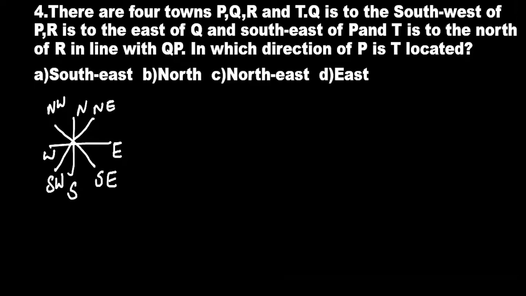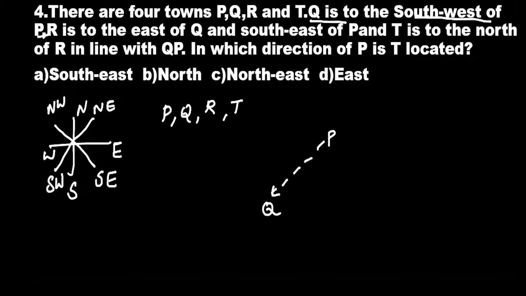There are four towns P, Q, R, and T. Q is to the southwest of P.